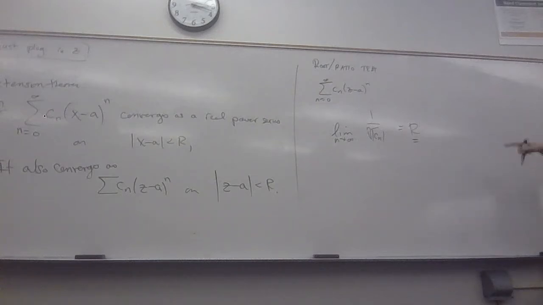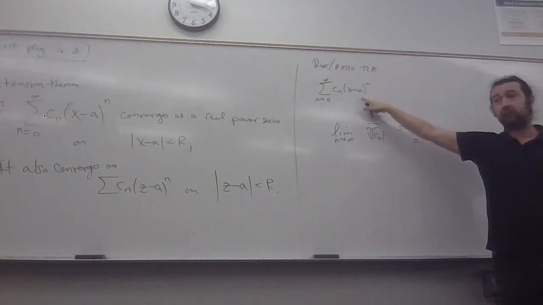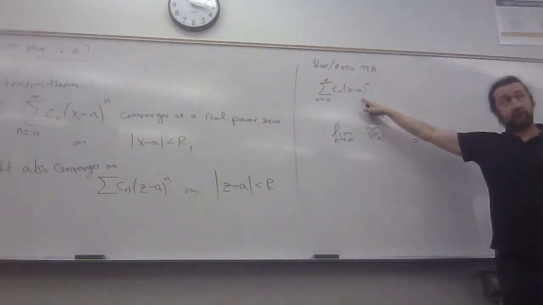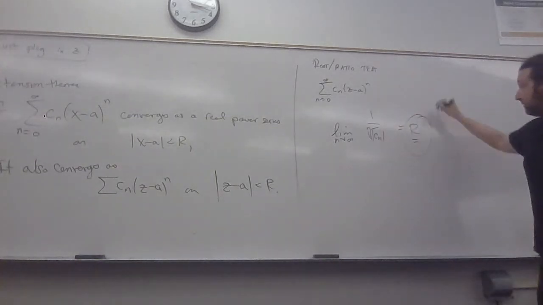So this radius right here, basically what you're measuring is the distance to the closest asymptote of the function. So this r, in some sense, is the optimal r.